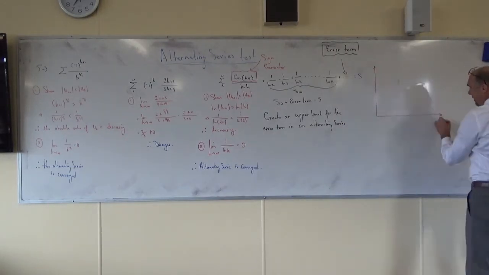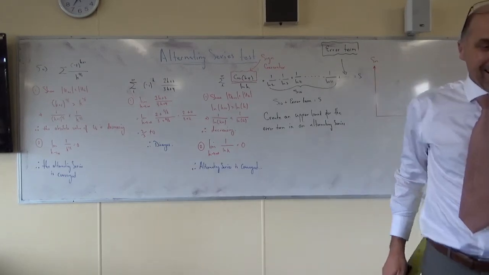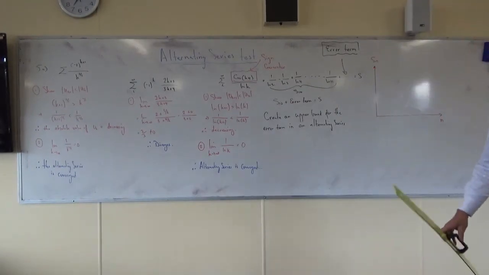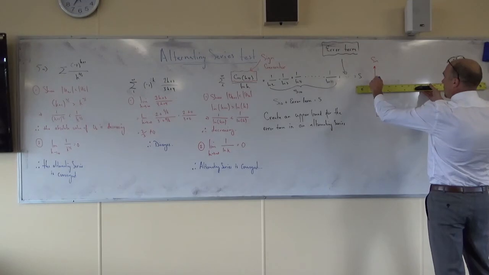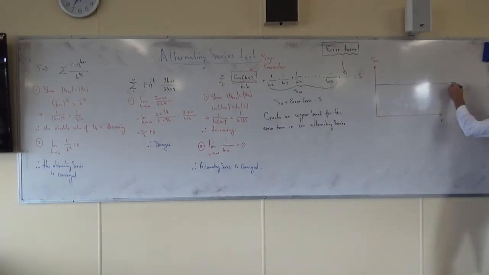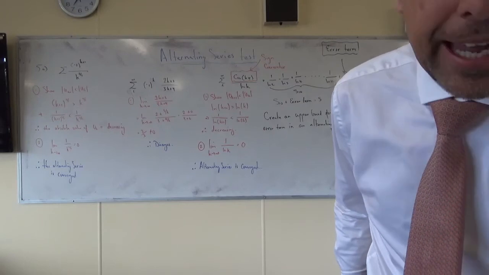On this axis here is n, on this axis here is Sn. Let's just say this is my S. That's the sum to infinity. Let's just say I know what S infinity is. Let's just look at my first guess.